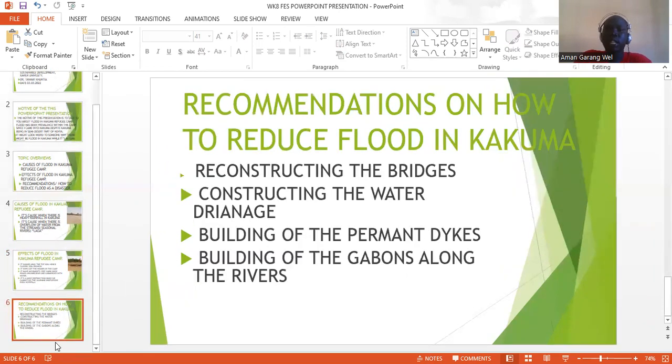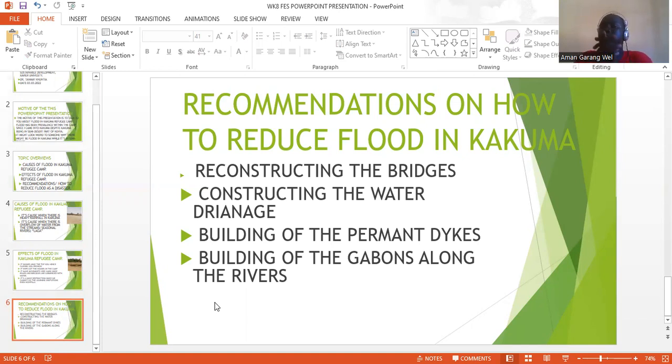Particularly when we are looking into this, I would like to make some recommendations on how to reduce flood in Kakuma. First, reconstructing the bridges. There are some old bridges that have been existing before, and if we want to reduce the issue of flood, there is a need to reconstruct these bridges so that the movement of the people is easily facilitated.